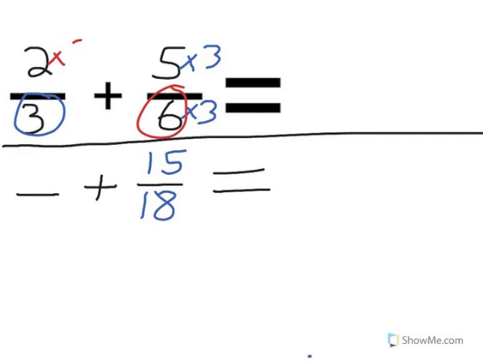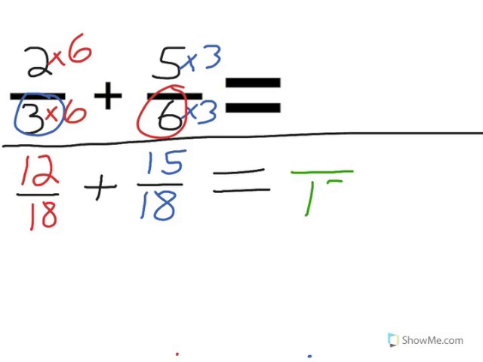So times 6 and times 6. Our new numerator is 2 times 6, which equals 12. And our new denominator is 3 times 6, which equals 18. Now, if you look, we have the same denominators, and we can add.